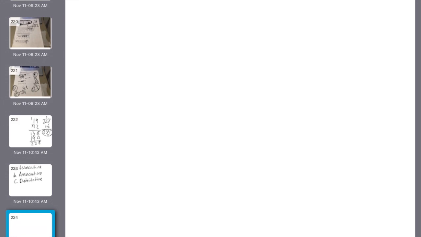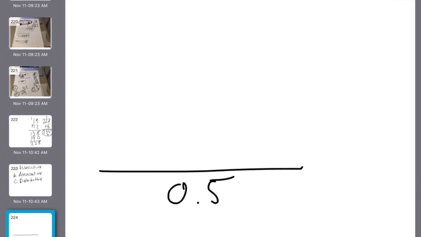Number 5, draw a sketch to help you with this problem. From Tracy's house to John's house is 0.5 kilometers. From John's house to school is 0.8 kilometers. Tracy rode her bike from John's house and then to school.